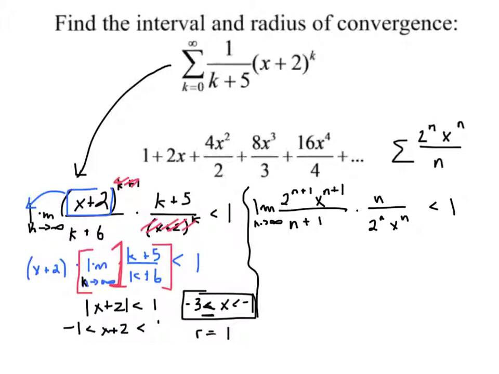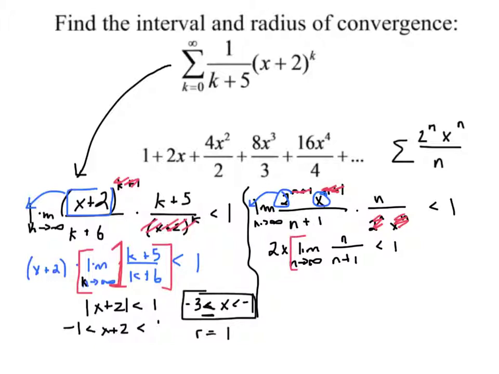So doing the interval of convergence, let's do this, set up our ratio test. Okay, let's do some algebra. Let's bring our non-n stuff out. Okay, so I have 2x, limit as n approaches infinity, n over n plus 1 must be less than 1.